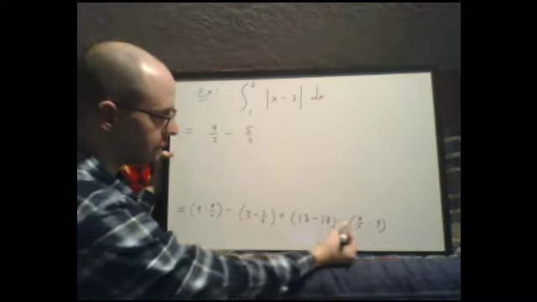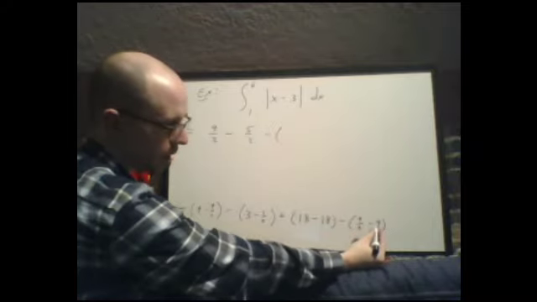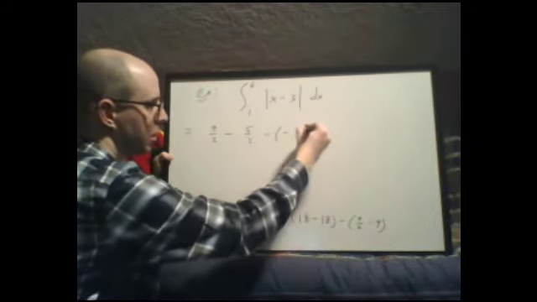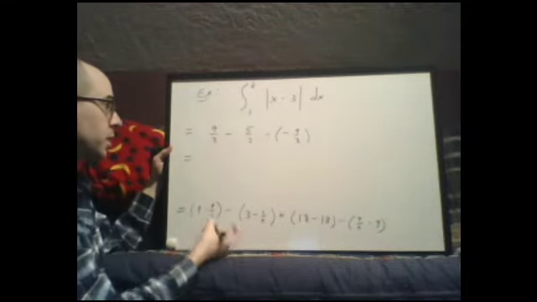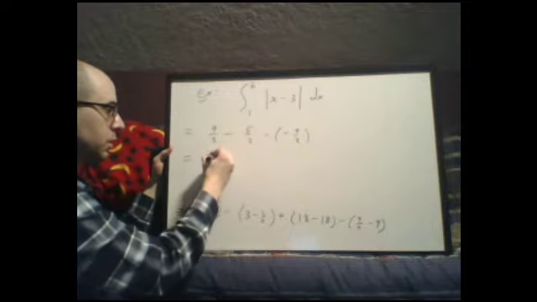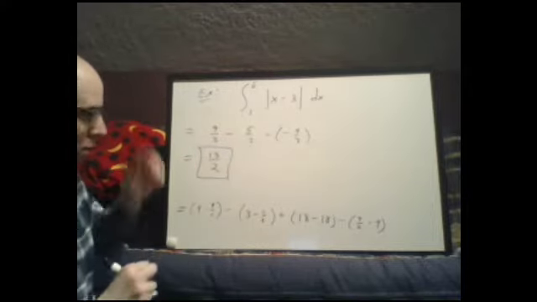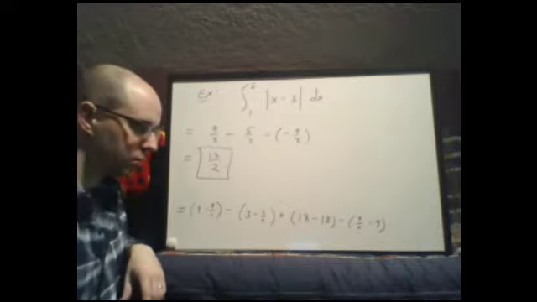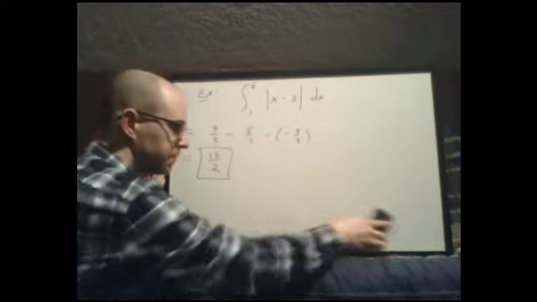Plus 0, minus 9 over 2 minus 9, that's negative 9 over 2. So putting this all together, that's 9 plus 9 is 18, minus 5 is 13 over 2. That's right, yeah. Right, so our final answer to this integral is 13 over 2.